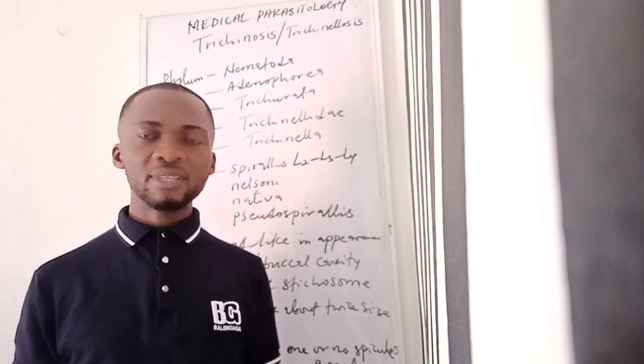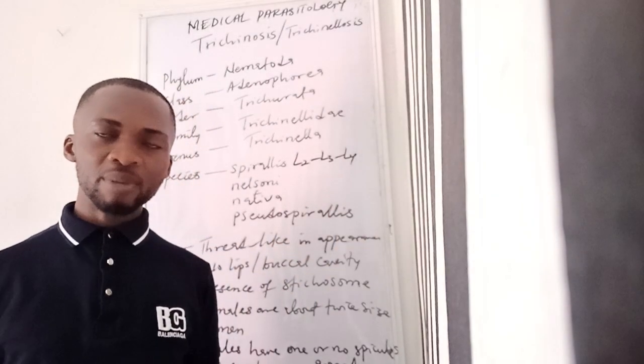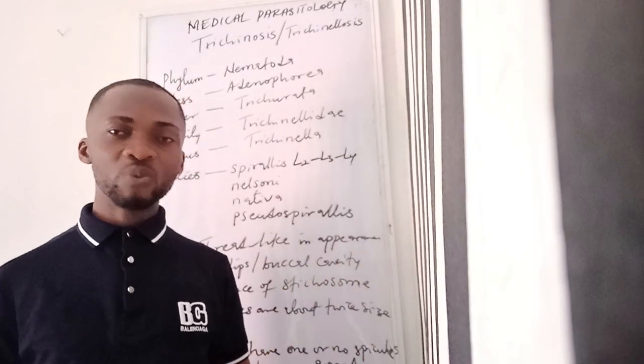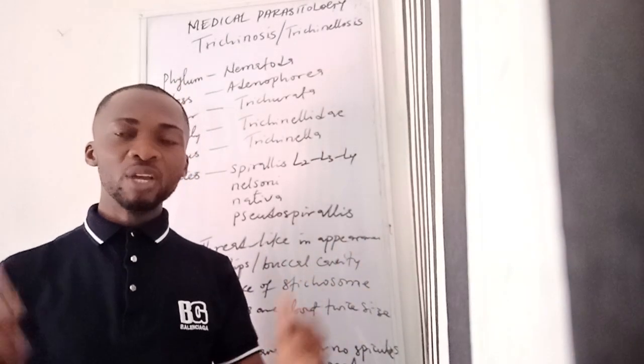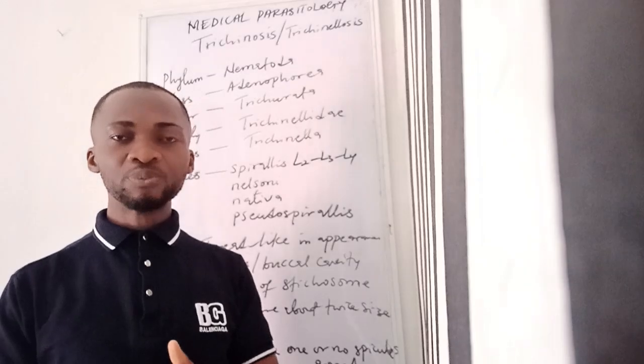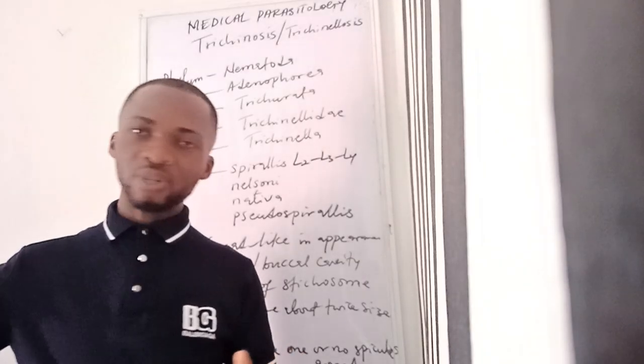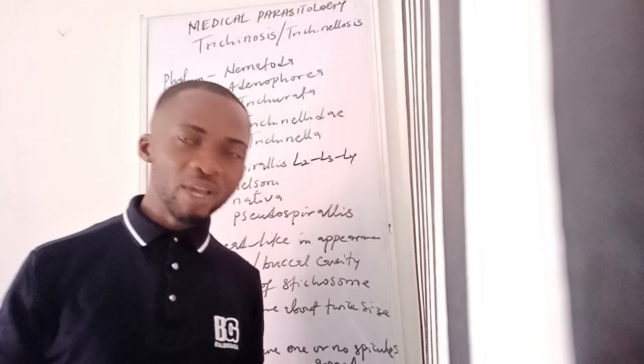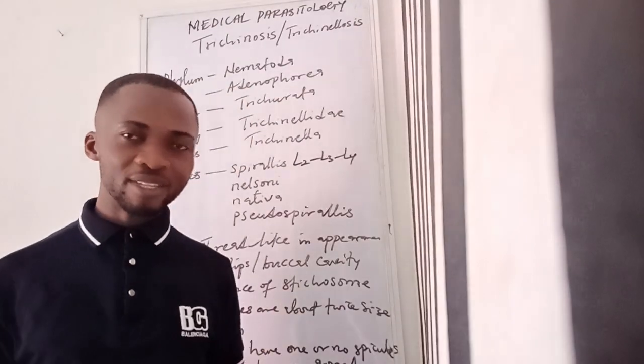Now, this encystment can also occur in other areas where this parasite has gotten to, maybe in the kidney, resulting in nephritis, in the brain, resulting in meningoencephalitis.